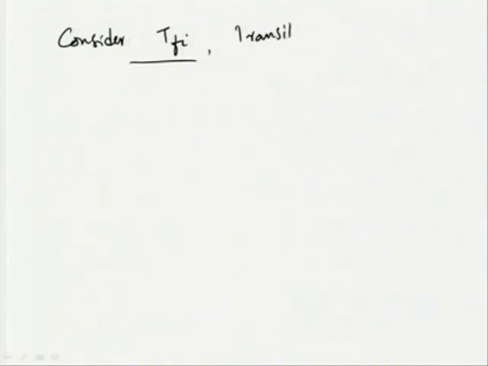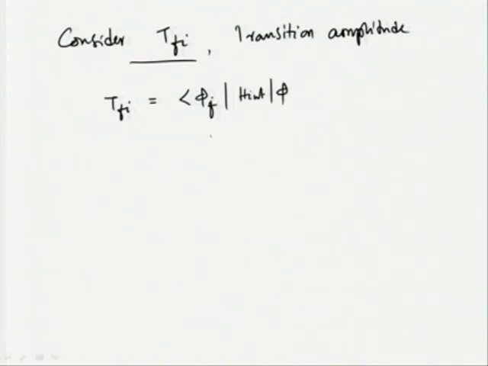So, this transition amplitude we had written earlier in the case of non-relativistic quantum mechanics, as the final particle wave function, H interacting and initial particle wave function. This I will remind you, this was done to first order in perturbation.